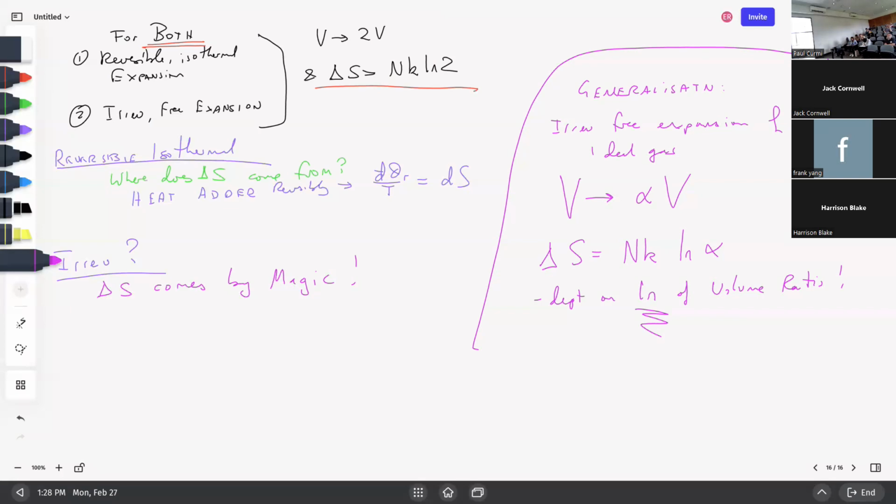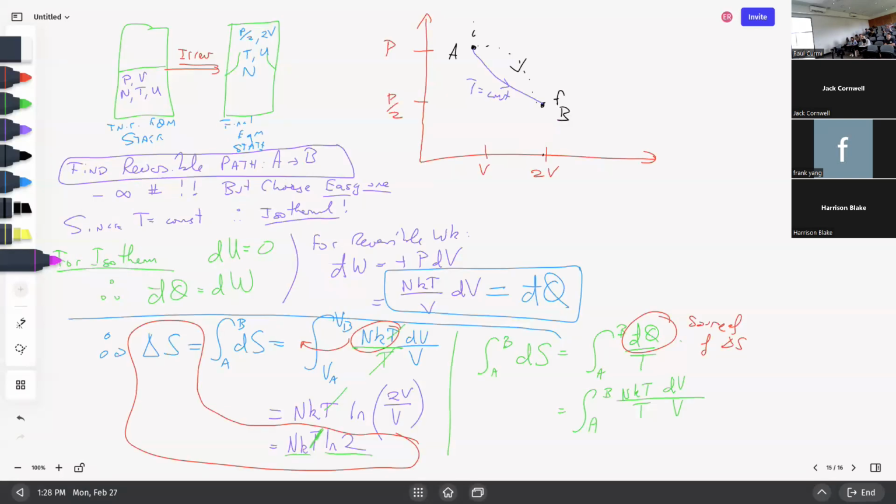So for example, for the second process, let me draw it. So this isothermal path: what I have is a cylinder, some kind of a piston. I've got my gas starting at V. It's going to end at 2V over there. It's going to expand to over there.